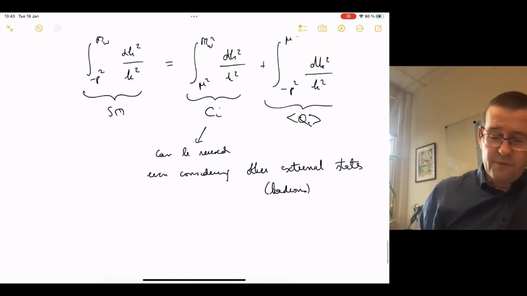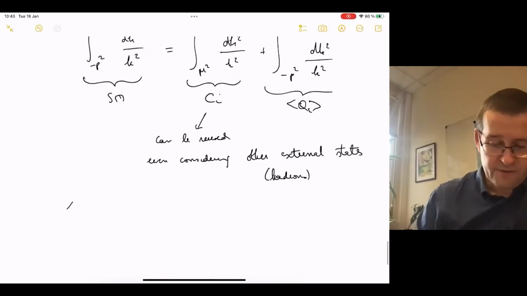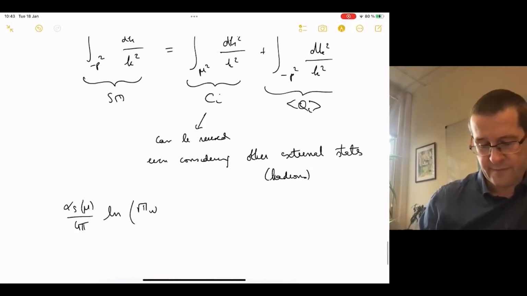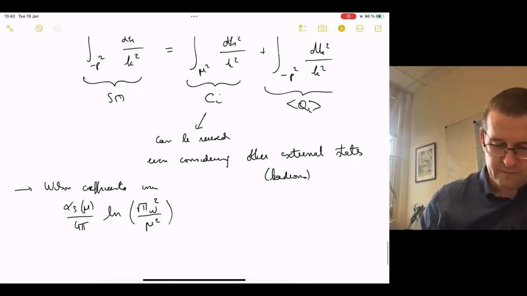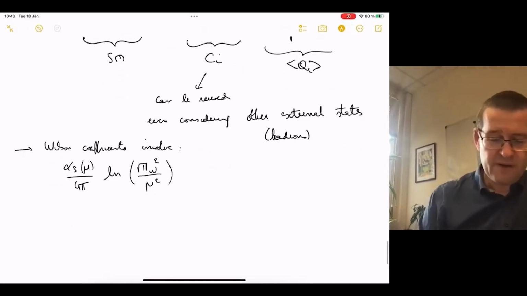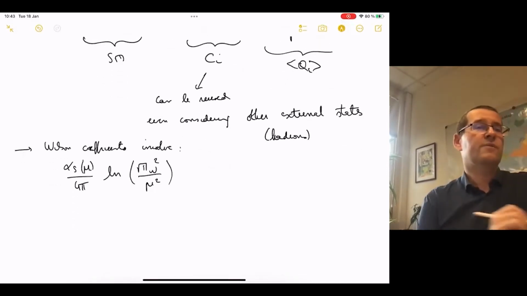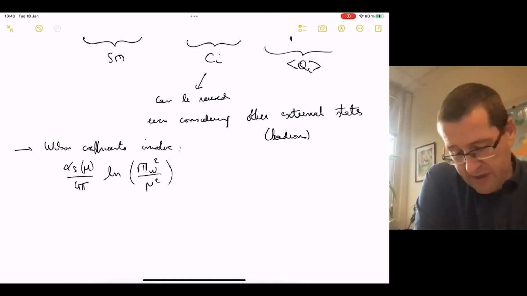But the other point that you can see here is that you do have interesting structures in your Wilson coefficients. And so typically, this is going to be interesting and at the same time potentially problematic.